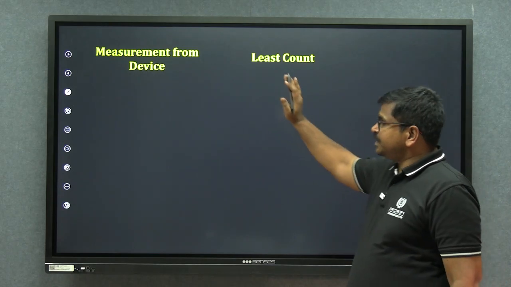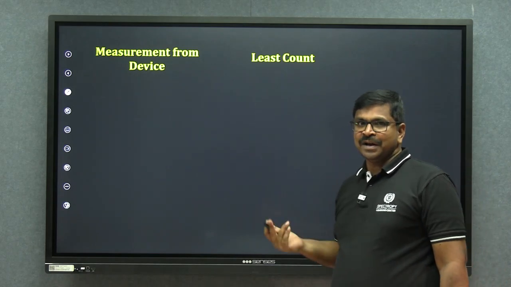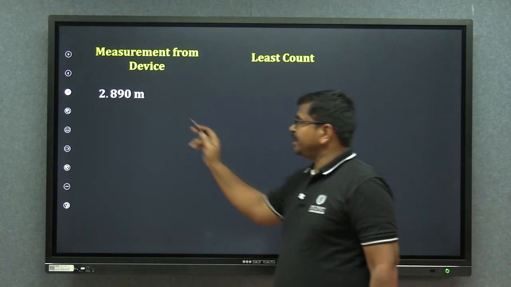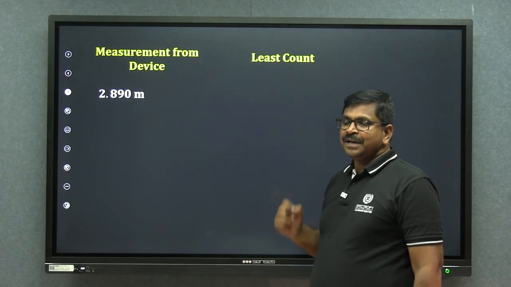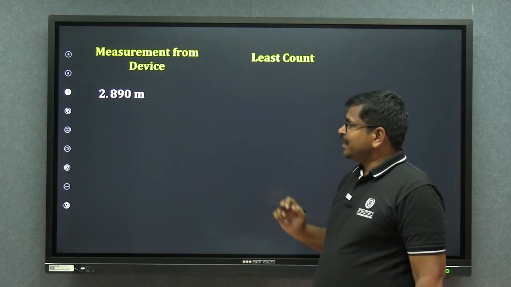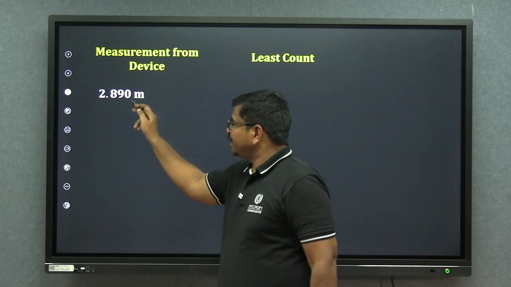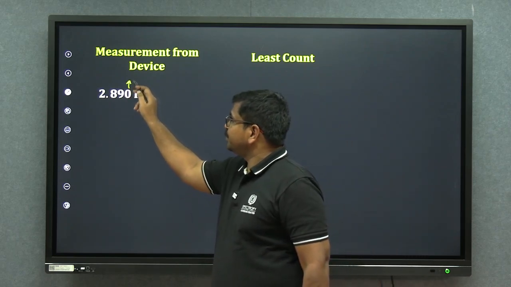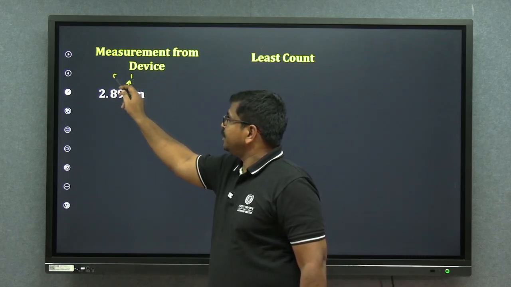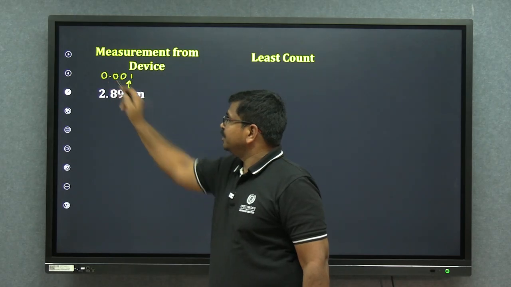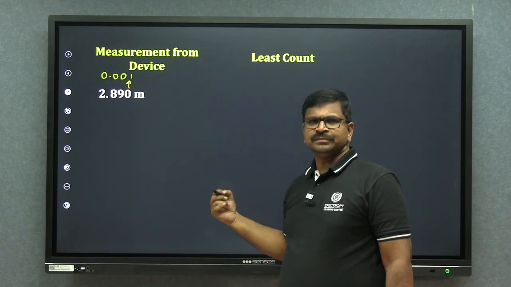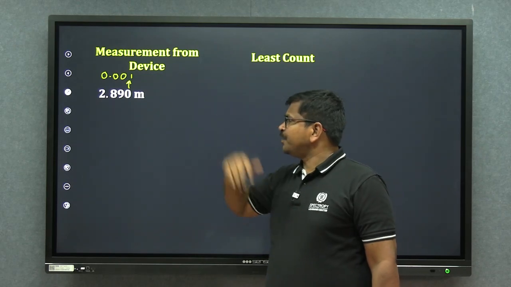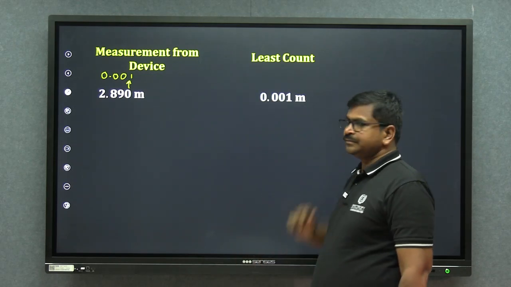Now suppose only the measurement is given, then how to handle it? Suppose the measurement is 2.890, and always keep in mind the least count: in the rightmost digit you keep 1, and in the remaining digits you keep 0. That is, in the measured value, what is the least value? It will be 0.001.